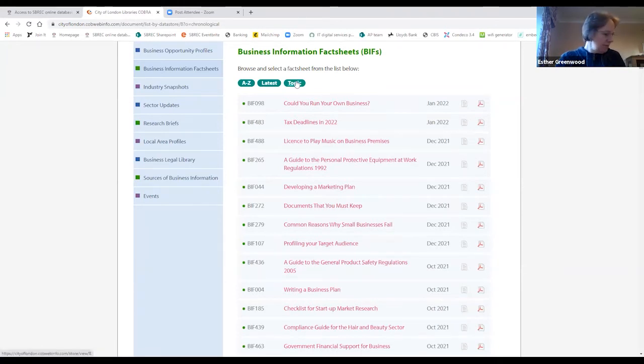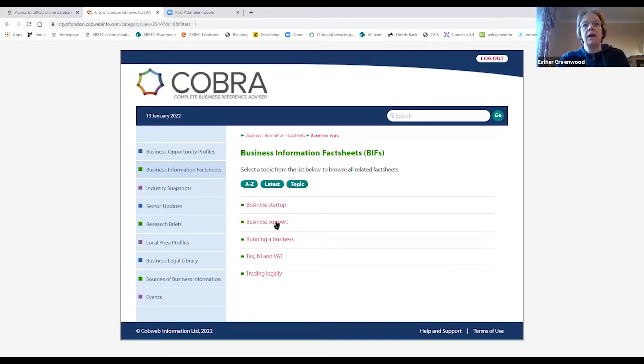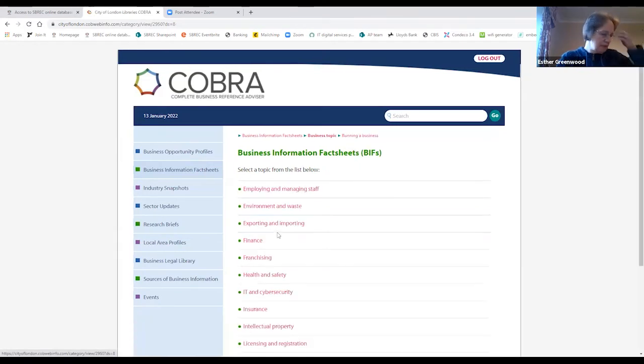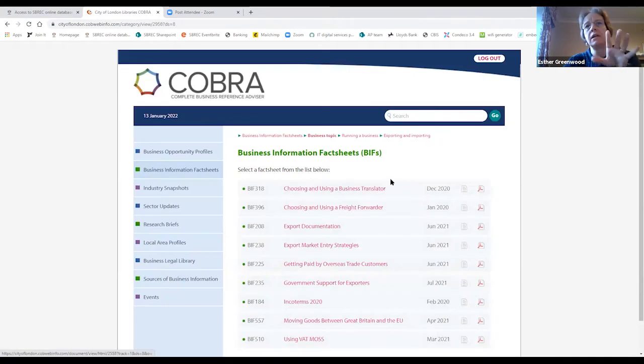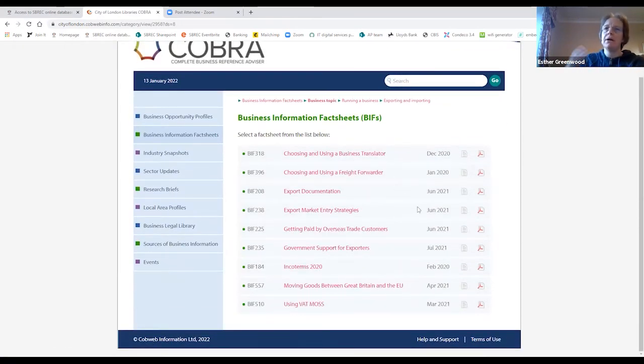But I'm just going to do a search here under running a business. There is then a heading on exporting and importing. So for those of you who are thinking about exporting and importing, there is information here about that.